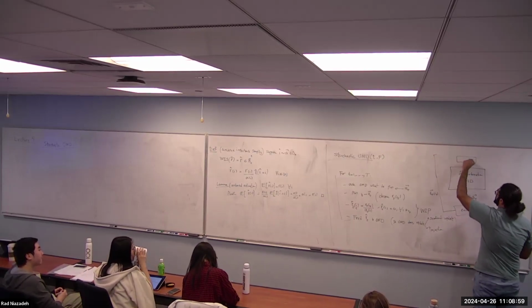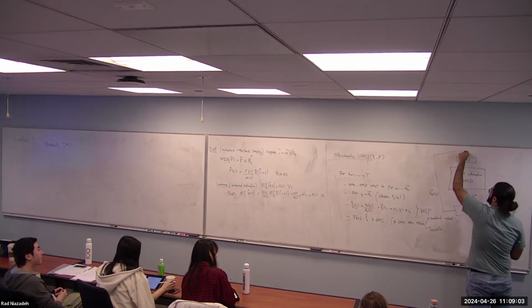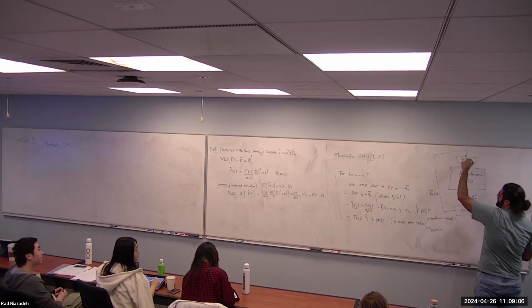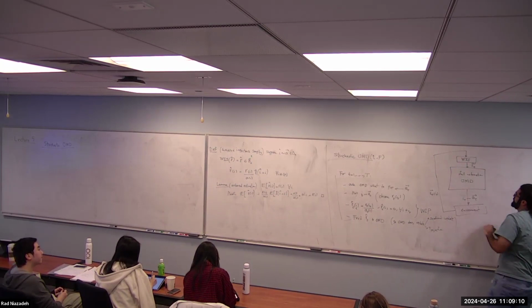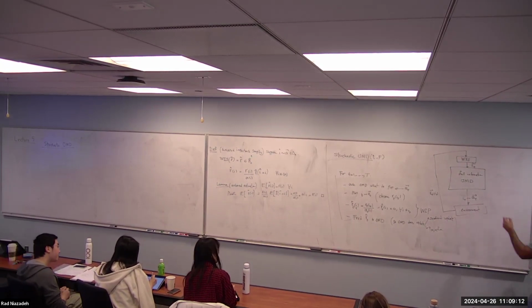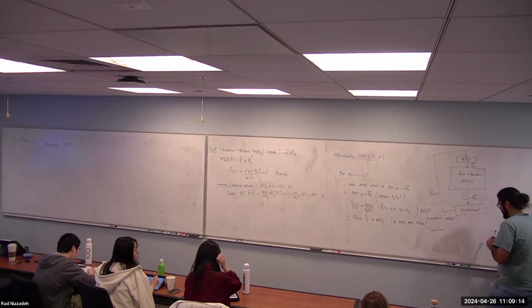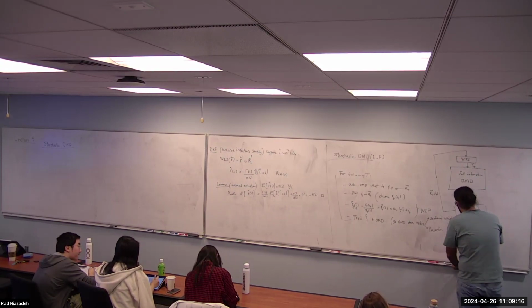And then we have this weighted importance sampler that gets this input and generates the vector R hat t. And this whole thing is called the stochastic OMD.